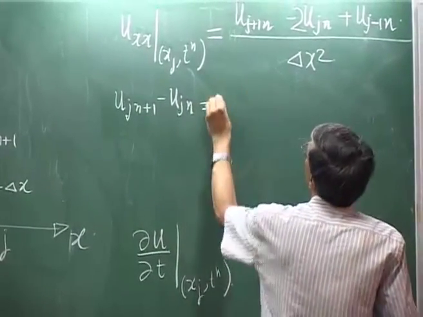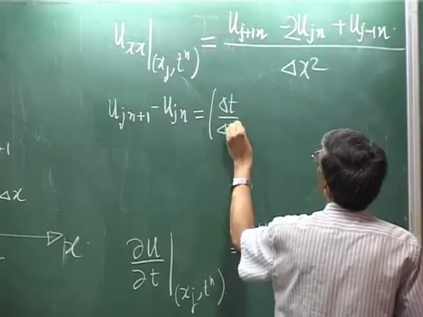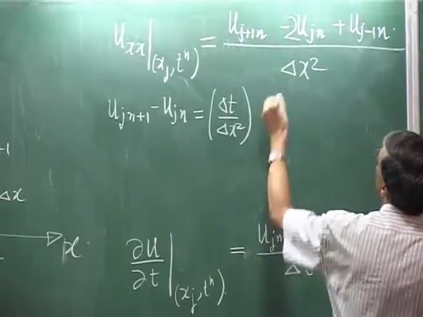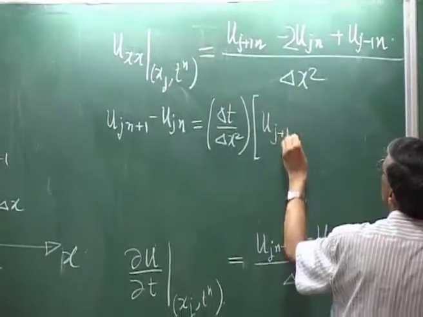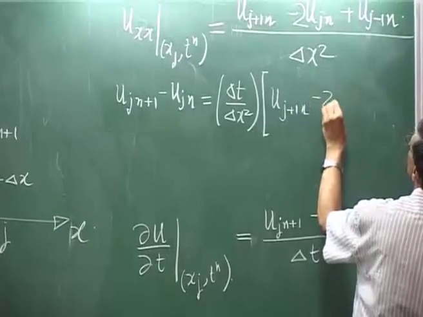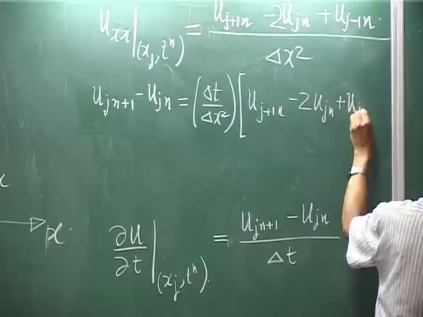I will write this quantity here, delta t by delta x square, and in parenthesis we will have u j plus 1 n, minus 2 u j n, and u j minus 1 n.